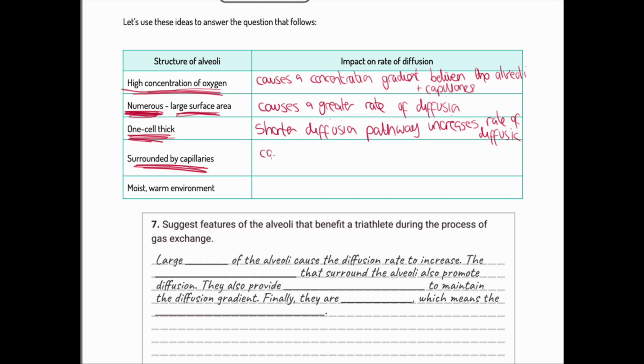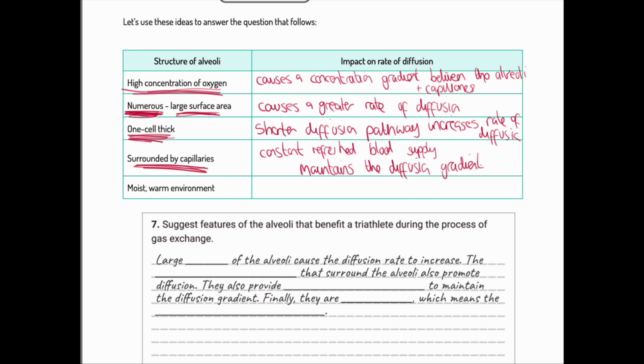Then we go on to being surrounded by capillaries. This means we've got a constant refreshing of blood, which means you're getting more oxygen and more carbon dioxide crossing across that concentration gradient. So it's a constantly refreshed blood supply, and that maintains the diffusion gradient because it's constantly being replaced and refreshed.